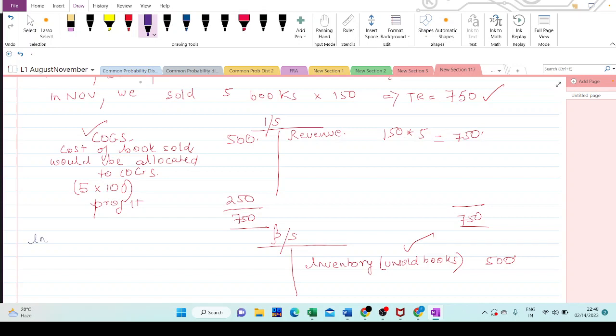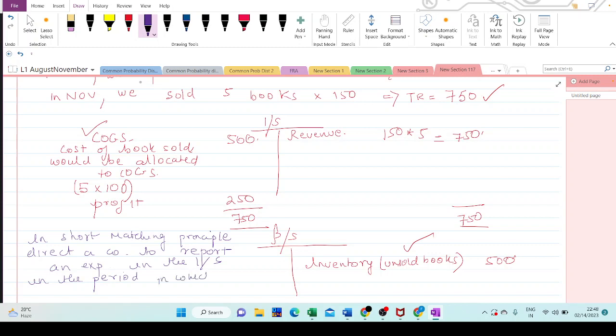In short, matching principle directs a company to report an expense in the income statement in the period in which related revenues are earned.